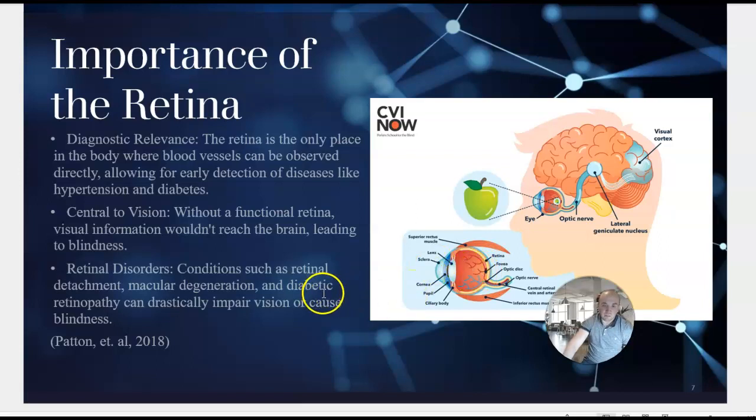And then diabetic retinopathy is when your retina starts diminishing, so the pathway doesn't occur as easily, and you'll also start seeing floaters. And then retinal detachment is where the retina completely comes off the back of the eye, and therefore you'll see complete or half vision loss in the eye.